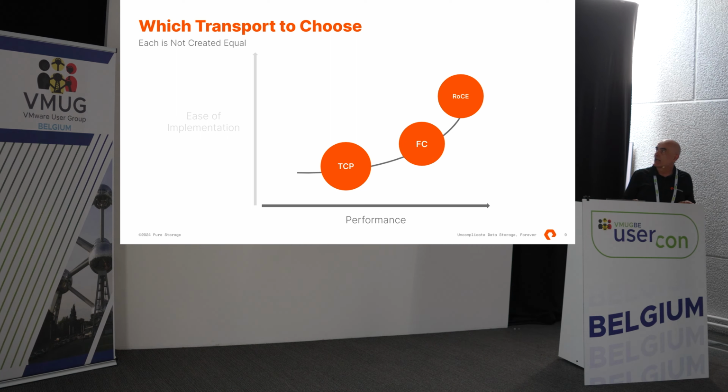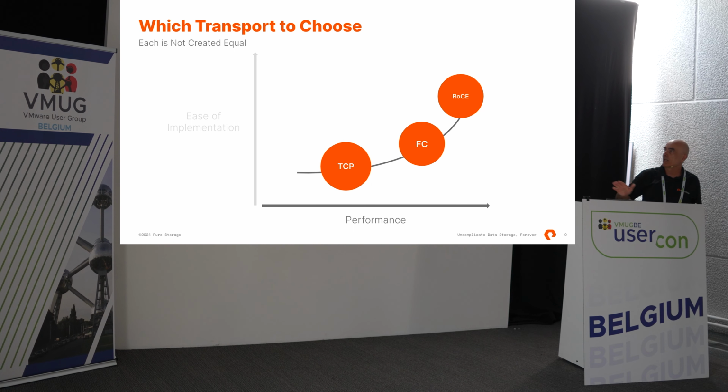The latency that you can imagine across this diagram goes down to 100 microseconds for RoCE, and up to 500 microseconds for NVMe over TCP.